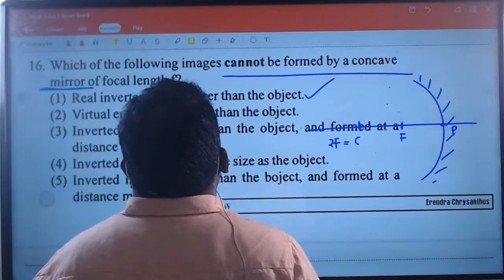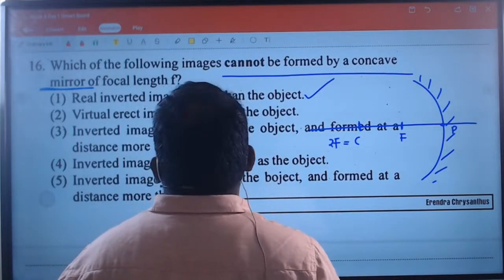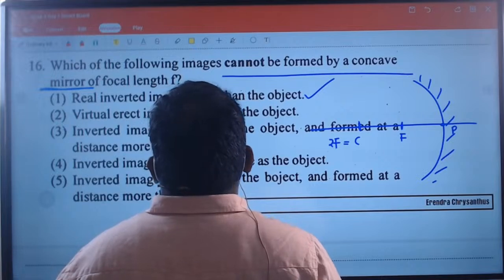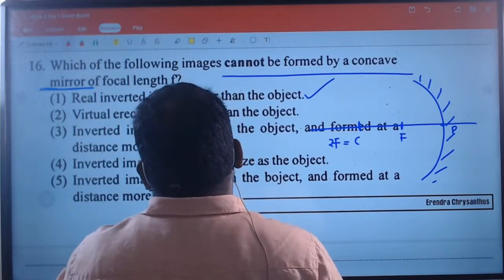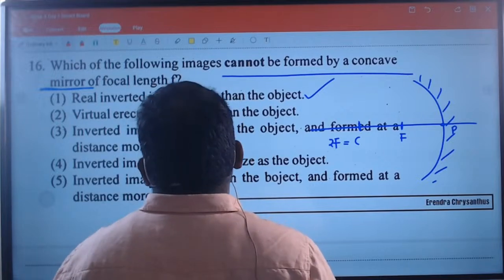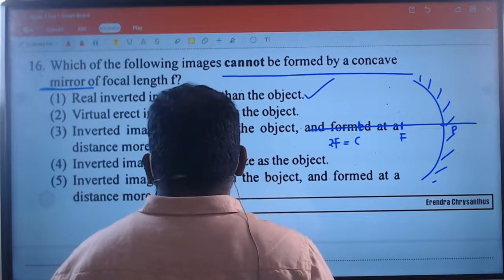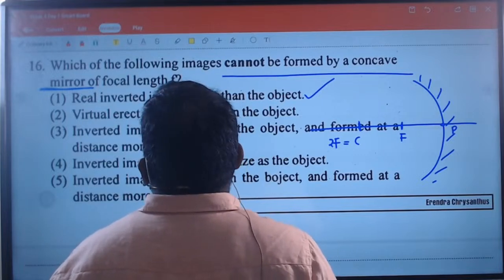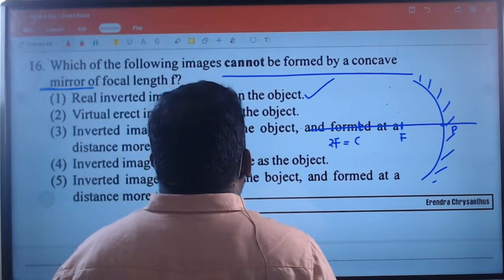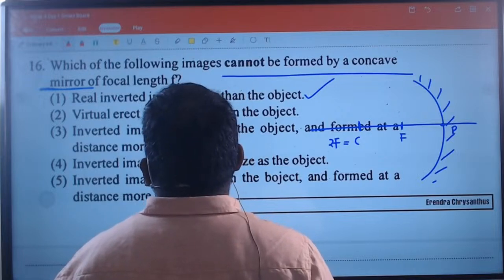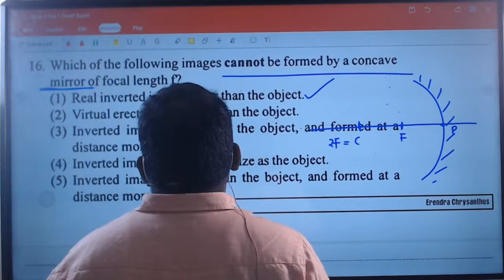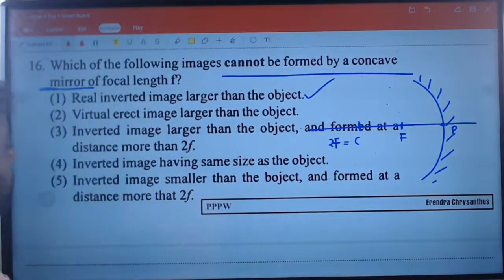Real inverted image larger than the object. Virtual erect image larger than the object. Inverted image larger than the object formed at a distance more than 2F.